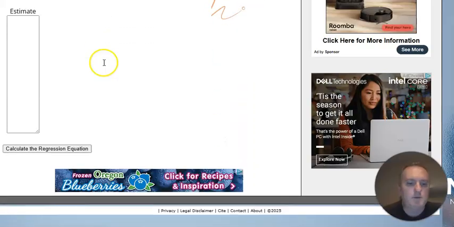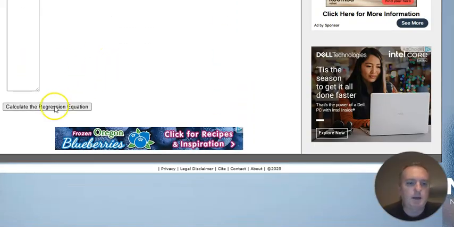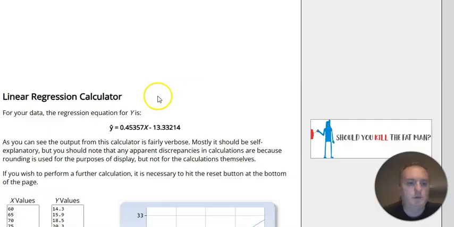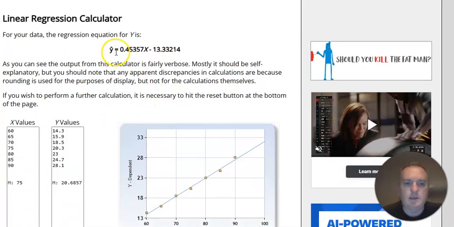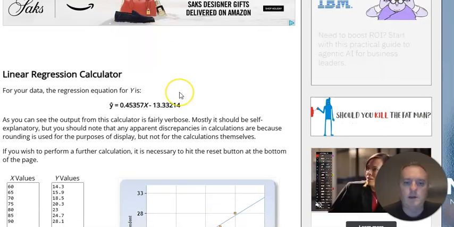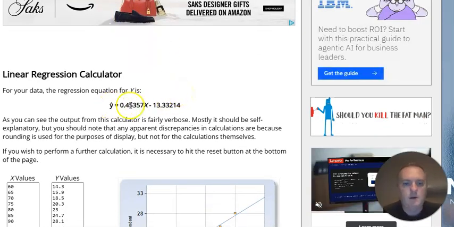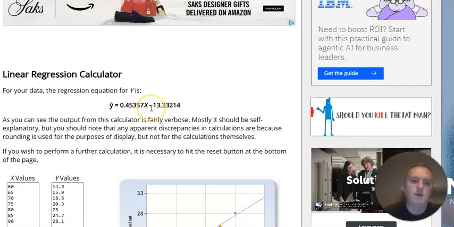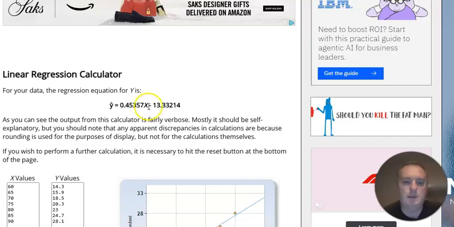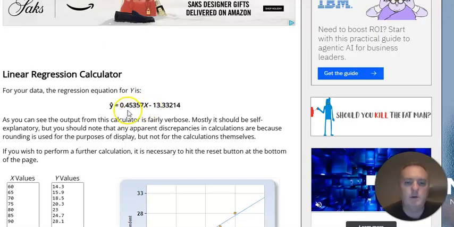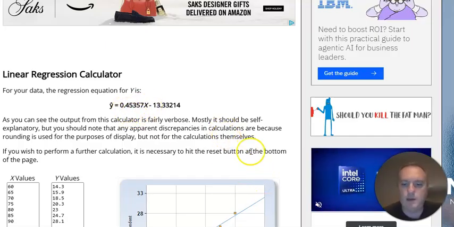So I'm going to scroll down. I don't need to put anything in the estimate box, and I want to calculate the regression equation. So this is it. In our answer boxes, we only have to round to 3 decimal places, so we just want y equals 0.453x.